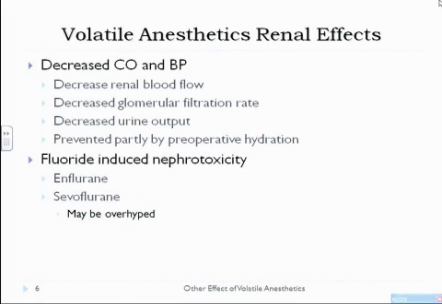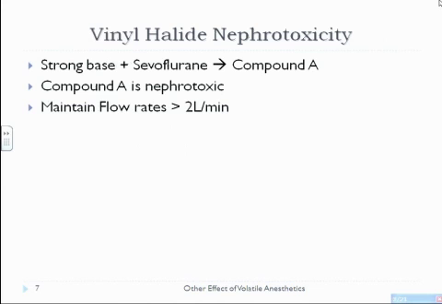The other thing that happens besides just a decrease in cardiac output is fluoride-induced toxicity from some of the volatile anesthetics. Enflurane specifically, and sevoflurane being the next, though sevoflurane may be significantly overhyped as to the nephrotoxic levels of its effect. What we do know is that vinyl halide nephrotoxicity is a combination of a strong base, which is usually found in a CO2 absorber that's been dehydrated.